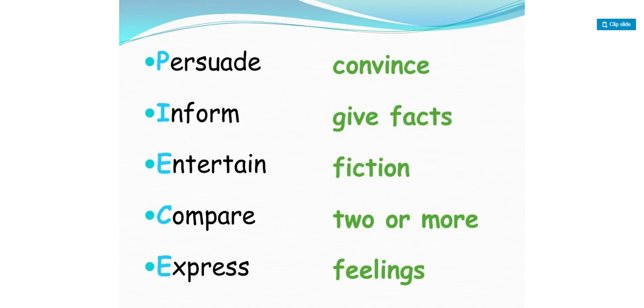Well, I know that if I am going to be looking to buy a new TV and I want to decide which TV is best for me, I want to read about them, and I want someone who's taken the time to compare the different TVs to each other so I can make the best decision about which one's the best fit for me. And then we also know authors write to express their feelings.